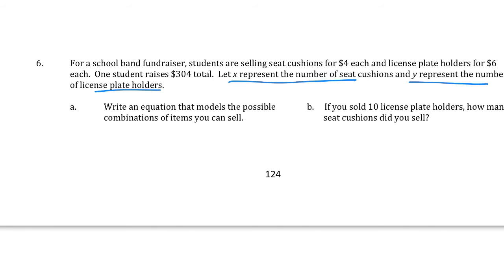Well, we're told that the total amount for one student was 304. The total is usually the equals part, so equals 304. I don't know how many seat cushions I sold, but I sold $4 each. So the seat cushions is represented by X. So I would say $4 per seat cushion times X sold, plus $6 for the license plate holders times Y equals 304.